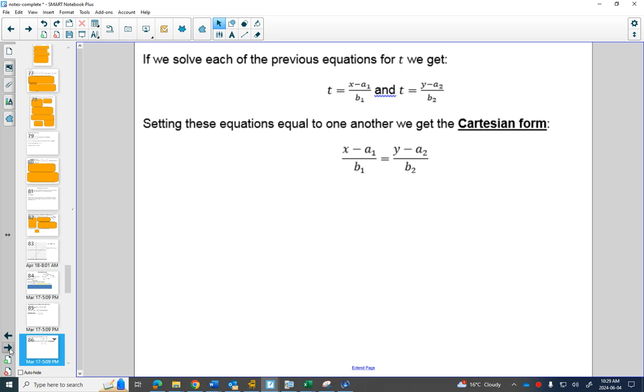Cartesian form can always be rearranged to y equals mx plus b. So you can take your vector equation and you can get back to your regular equations like you're used to, y equals mx plus b. The Cartesian form is called that because on your Cartesian plane, which is just your basic graph, that's how you used to do it. So we've got a vector form, parametric form, and a Cartesian form.